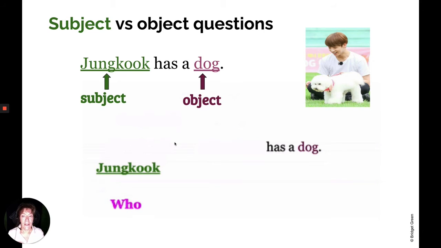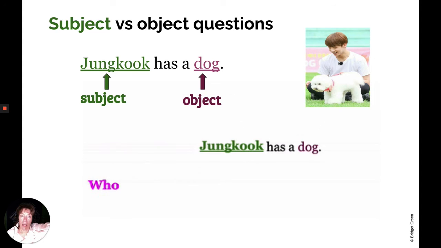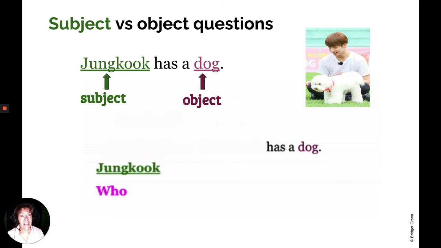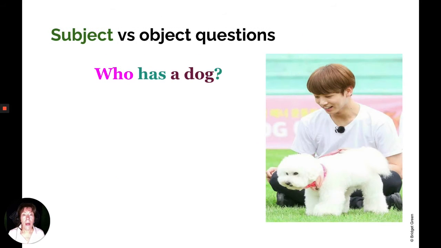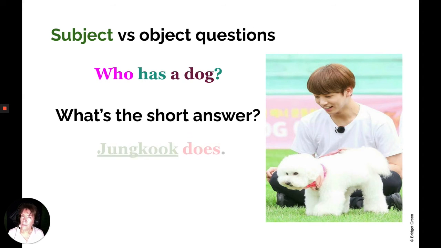Jungkook leaves. Who shows up? Okay? So you're just replacing Jungkook with who. Now, that is if you're asking a question about the subject. Oh yeah, who has a dog? What is the short answer? Short answer, Jungkook does.